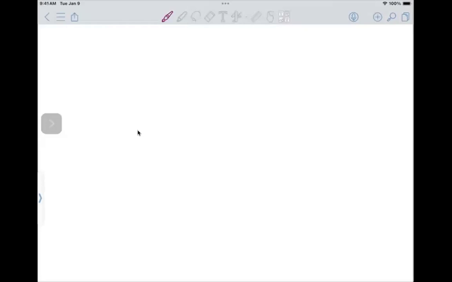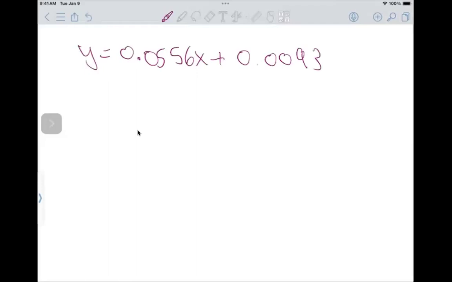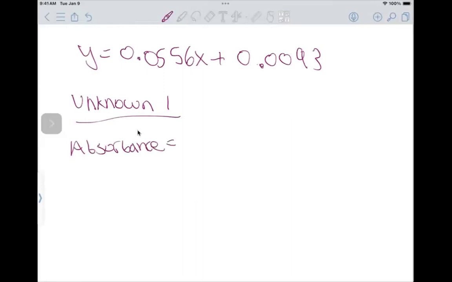So just as a reminder, our line of best fit was y equals 0.0556x plus 0.0093. We'll start with unknown 1, which had an absorbance of 0.2678.